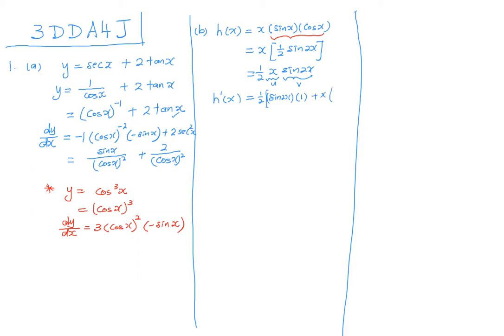You differentiate sin, you get cos 2x, then you have to times with 2. So you get half sin 2x plus, you bring the half in, you get x cos 2x, correct?